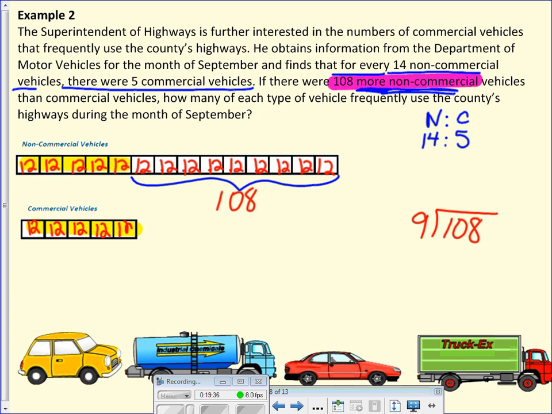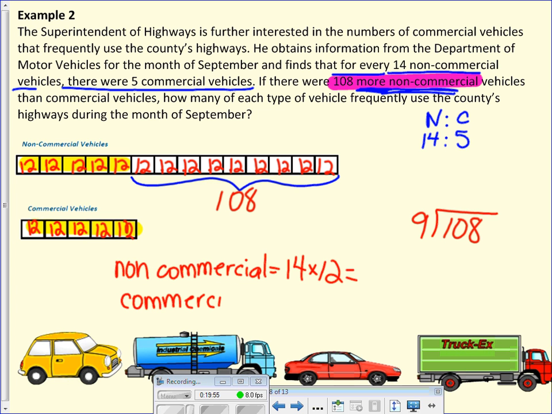Now, can I find out what each one is? Yes. So for non-commercial, it is 14 times 12. Commercial equals 5 times 12.